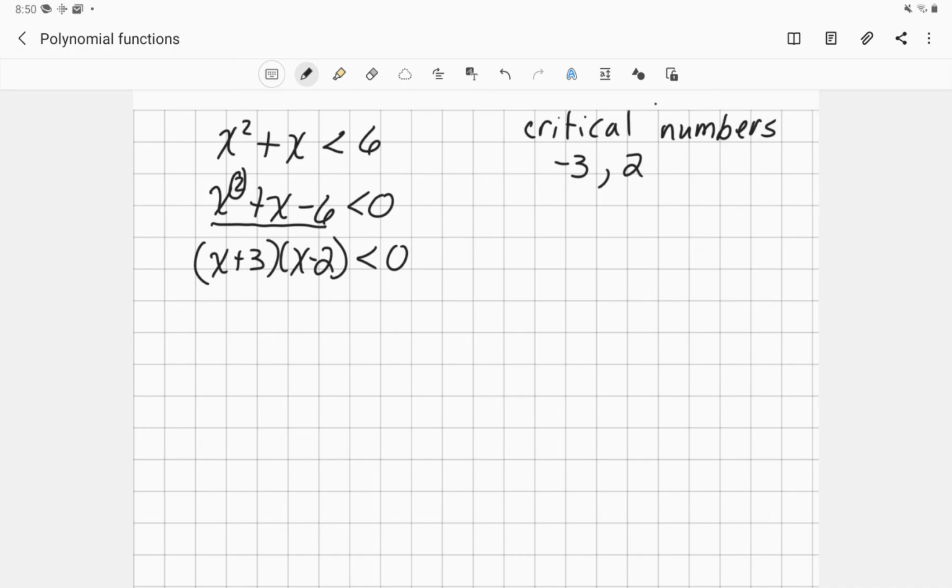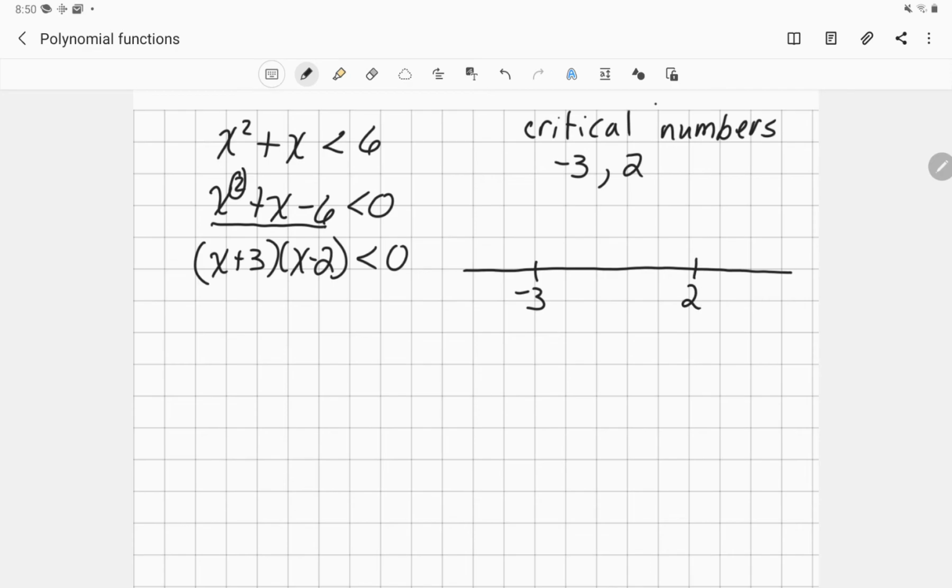All right, now, what do I mean when I talk about critical numbers instead of calling it real zeros? Why the change in language? Because rather than look at it as a graph of a parabola, we're going to talk about a number line. And on that number line, and I don't care if it's accurate or not, let's say negative 3 is back here and 2 is here.